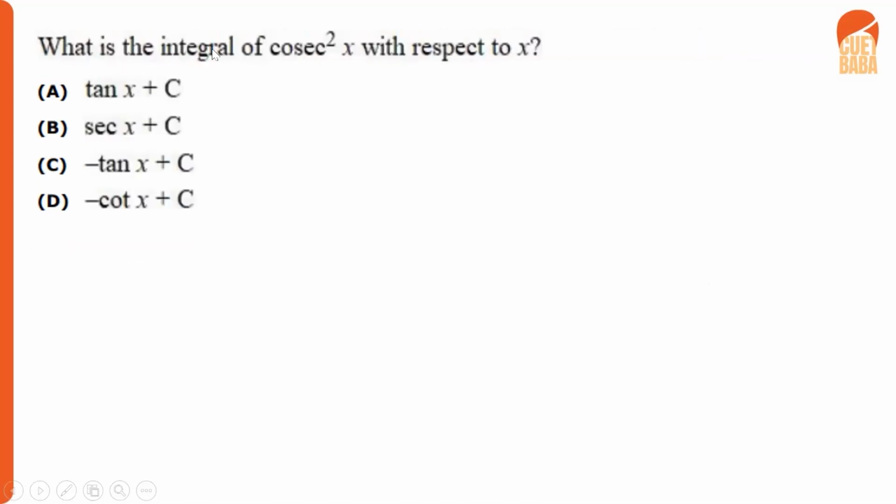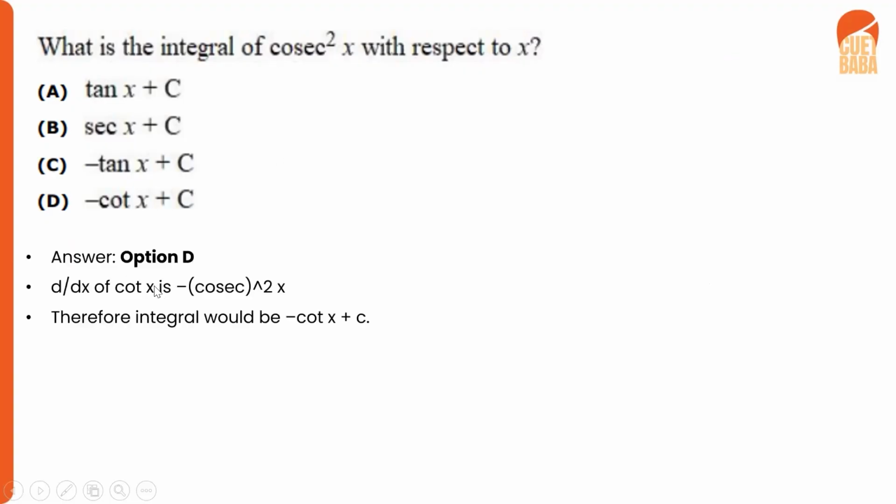Then we have, what is the integral of cosec square x with respect to x? In order to understand this, we need to understand what is the d by dx, or the differentiation, of cot x. So we can see that the d by dx of cot x is negative cosec square x.